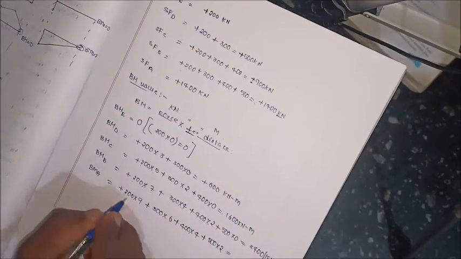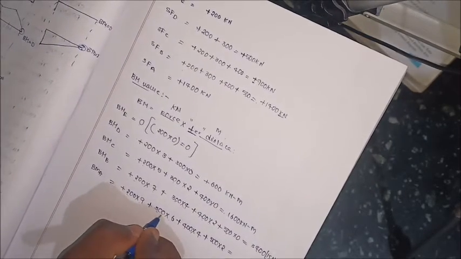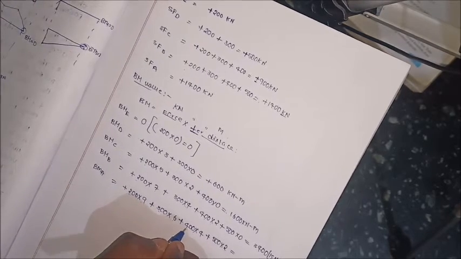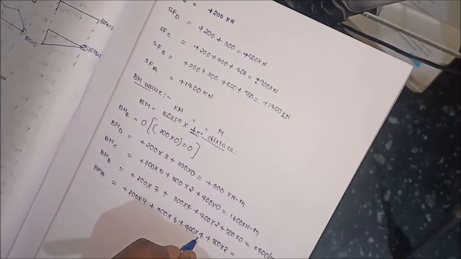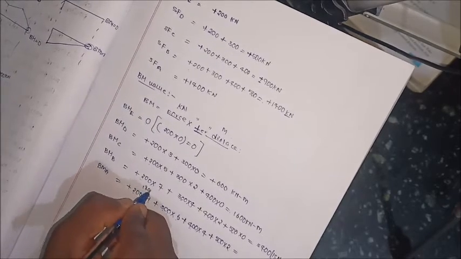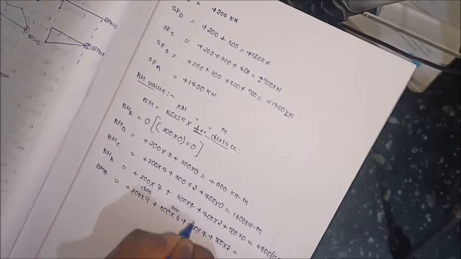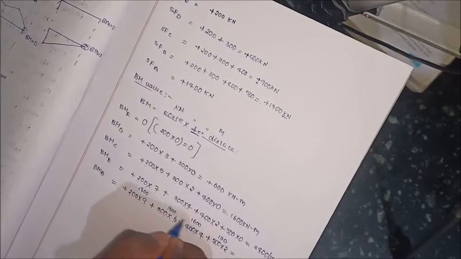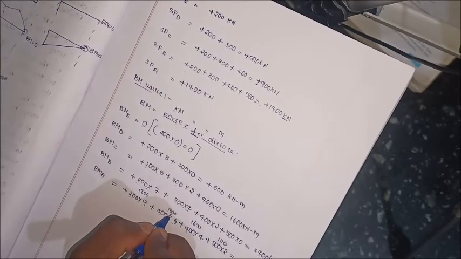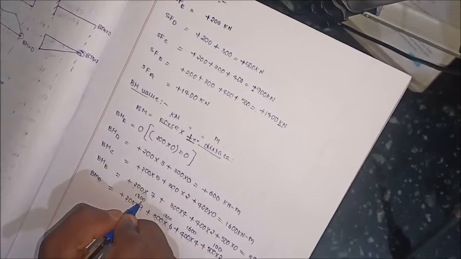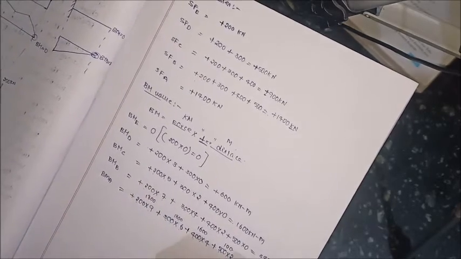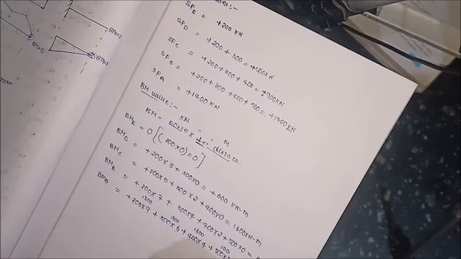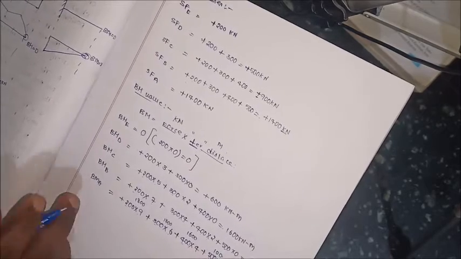Equal to how much? 1800 plus 1800, 3600, plus 4 sixes are 1600, plus 1000, 2600. 2600 plus 3600, 3400 plus 4400 plus 4000, 5200. 5200 kilonewton meter. This is the bending moment at A.